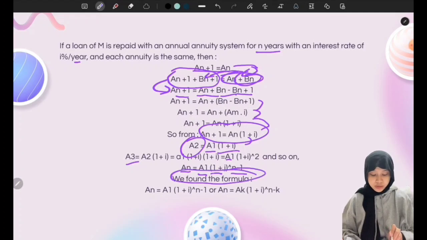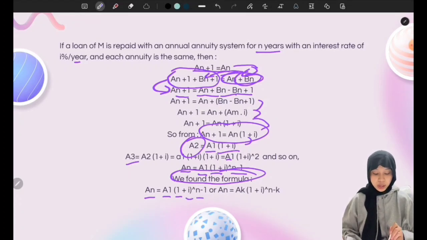So we found the formula An equals A1 times (1 plus i) in the power of n minus 1, or n minus 1 we can change into n minus k. So An equals Ak times (1 plus i) in the power of n minus k.